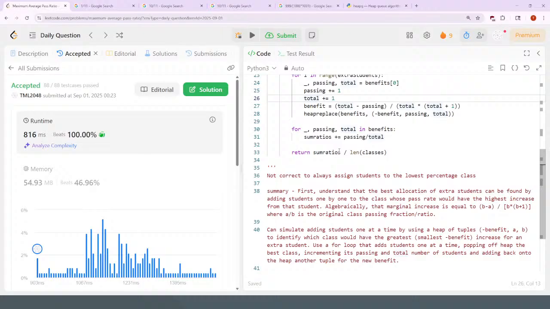We can simulate adding students one at a time by using a heap of tuples to identify which class would have the greatest, smallest negative benefit, increase for an extra student. Use a for loop that adds students one at a time, popping off the heap the best class, incrementing its passing total, and pushing back onto the heap another tuple.